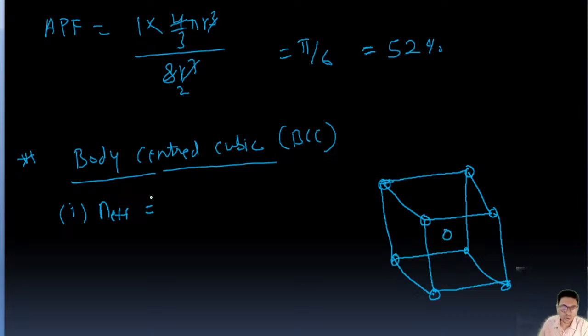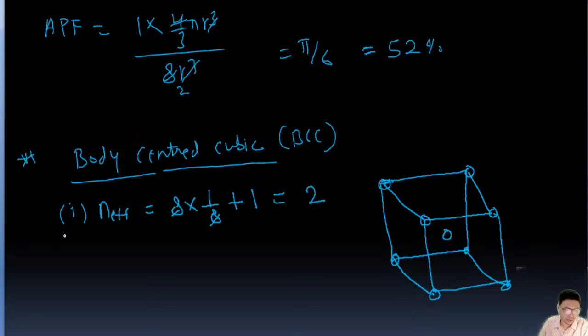So N effective is 8 corners, 8 into 1 by 8, plus 1 at the center. So this is going to be 2. For body centered cubic, the effective number of atoms is 2.